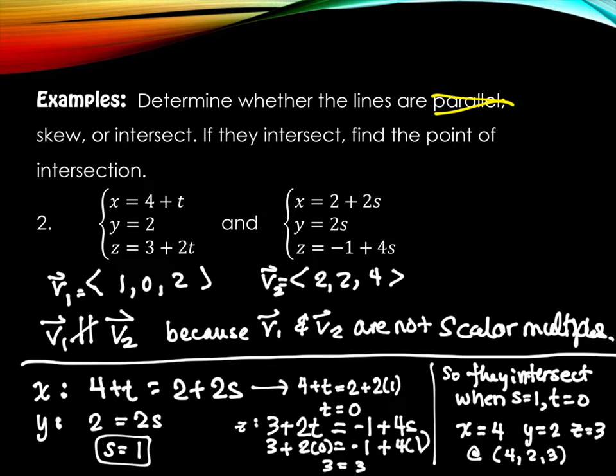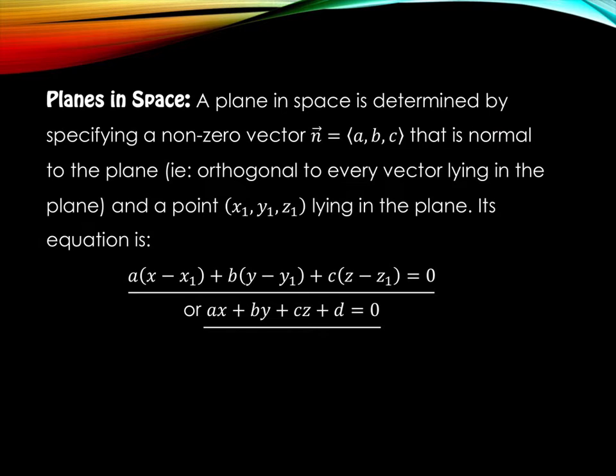Okay, so these are lines in space. We did lines on my walls. The other half of this is planes in space. So a plane in space is determined by specifying a non-zero vector n, which has components a, b, c, that is normal to the plane. So the word normal means that it is orthogonal.